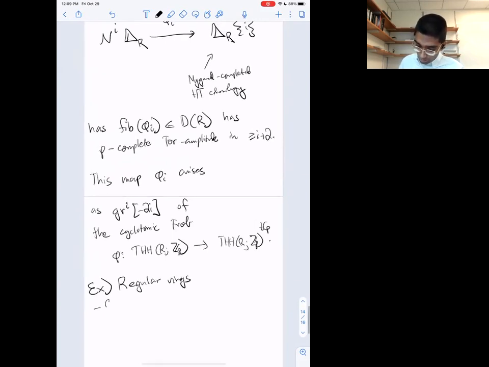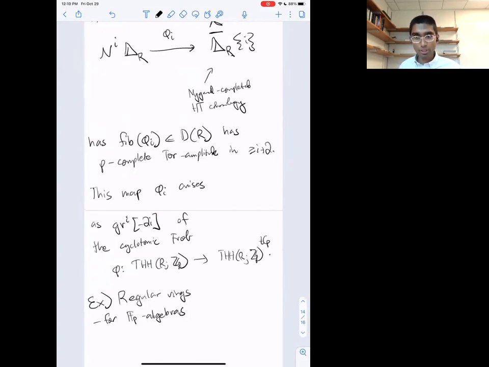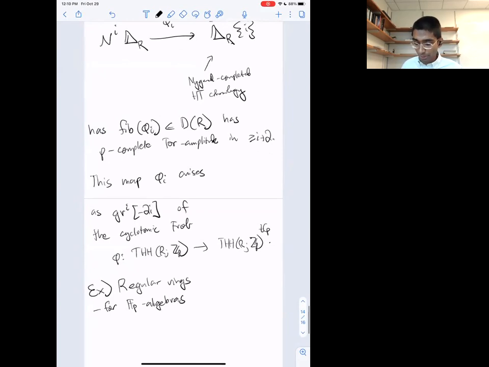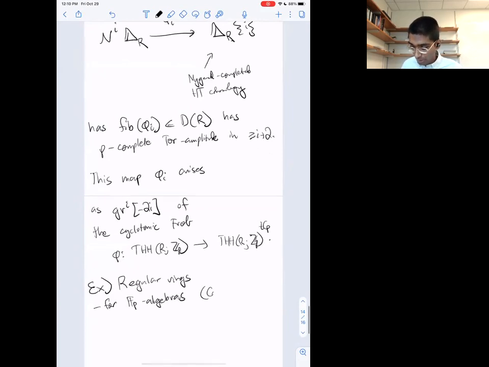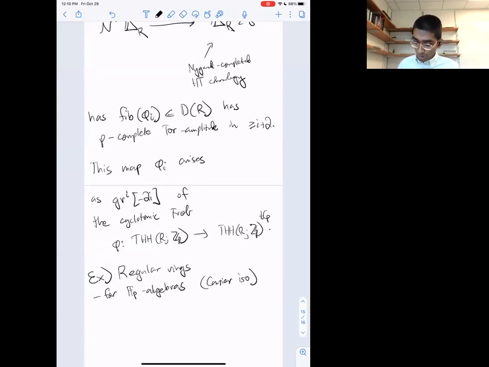So first of all, for F_p-algebras, regular or smooth F_p-algebras satisfy the Segal conjecture, and that is essentially the Cartier isomorphism, because prismatic cohomology is basically crystalline cohomology in this case, and you can identify all of this very explicitly in terms of these constructions.